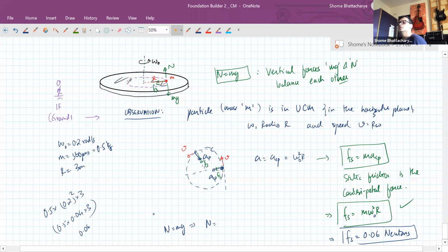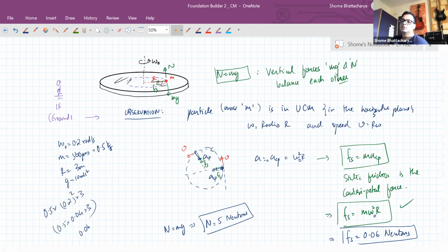So if we take g as 10 meters per second square, the normal reaction will be 5 newtons. So this is the first part where we are making the free body diagram in the ground frame or the inertial frame. Now next up, we will see the free body diagram in the non-inertial frame of the disk.